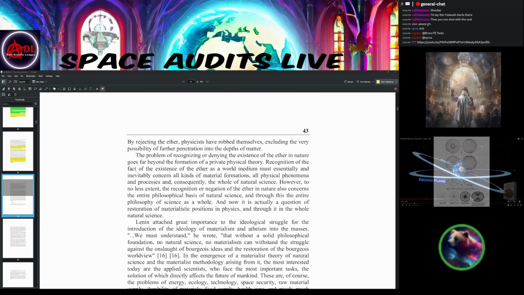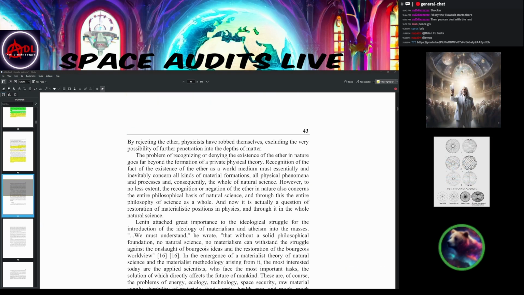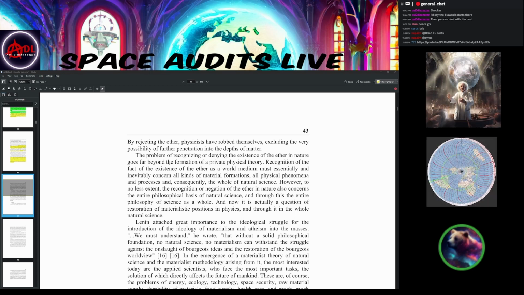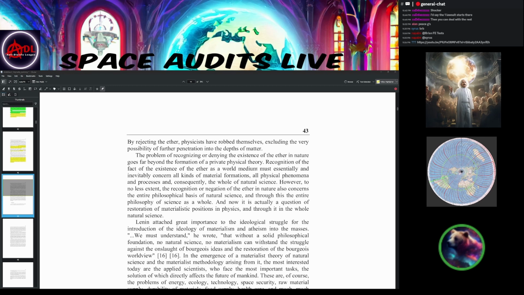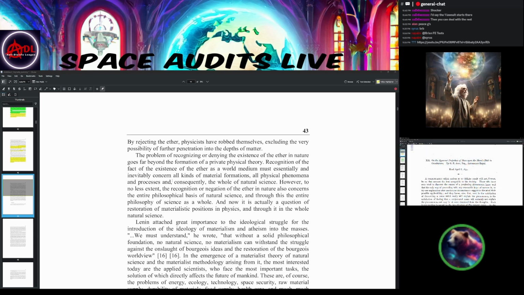By rejecting the ether, physicists have robbed themselves, excluding the very possibility of further penetration into the depths of matter. The problem of recognizing or denying the existence of the ether in nature goes far beyond the formation of a private physical theory. Recognition of the fact of the existence of the ether as the world medium must essentially and inevitably concern all kinds of material formations, all physical phenomena and processes, consequently the whole world of natural science.